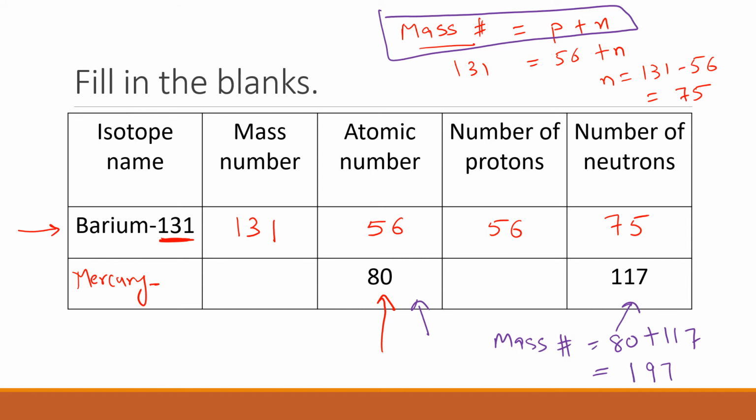I apologize. So this particular mercury isotope is mercury 197, its mass number is 197, its atomic number is 80, and the number of protons is also 80.